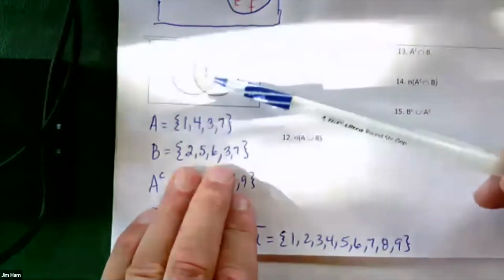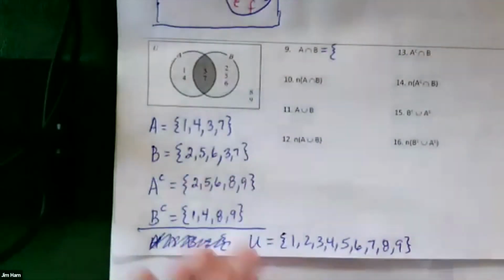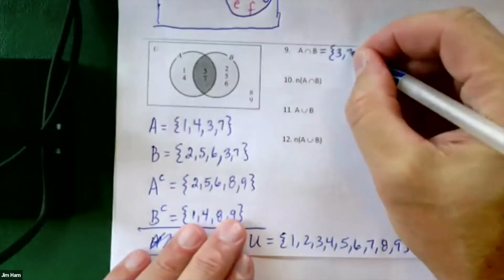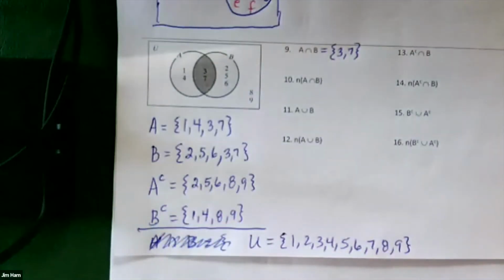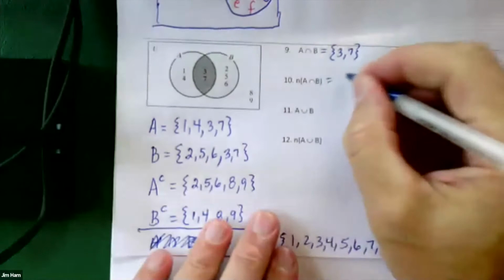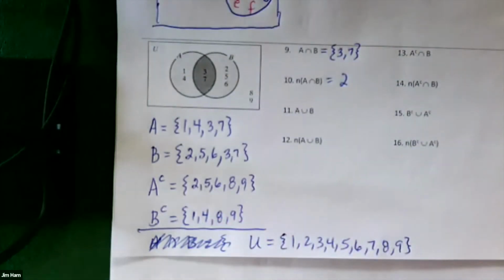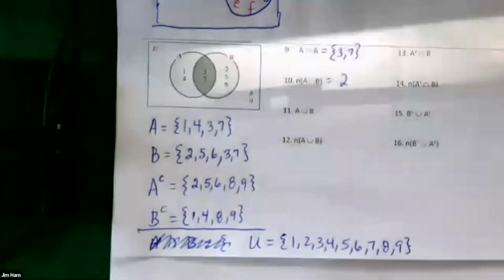Up here, you can see 3 and 7 inside the intersection. So however you identify the intersection, I think it's easier in the Venn diagram. Let's write that. And there are 2 elements in that intersection. So it's kind of similar to the first one, where I ask you to list the elements of the set, and then I ask you to identify the number in there.